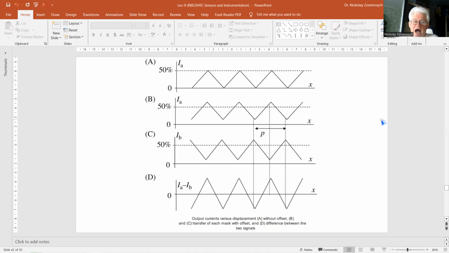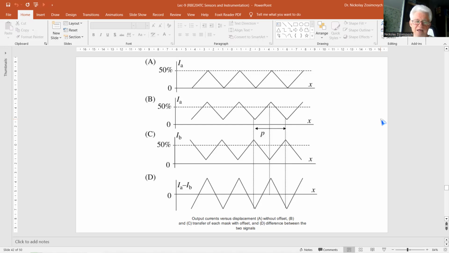When the gratings are positioned N plus half of P apart, the outputs I sub A and I sub B are inverted, as you can see from figures B and C. The difference between both outputs is a triangular signal that has a more stable relation with displacement, as you can see in figure D. The common offset is eliminated, and zero crossings define dark-light transitions in a more reproducible manner.